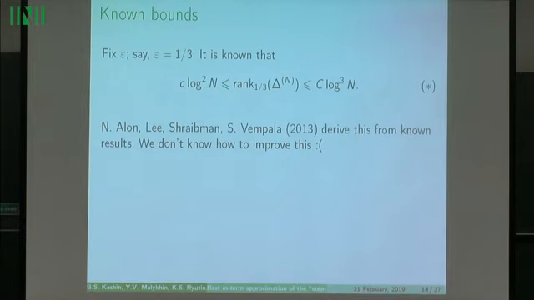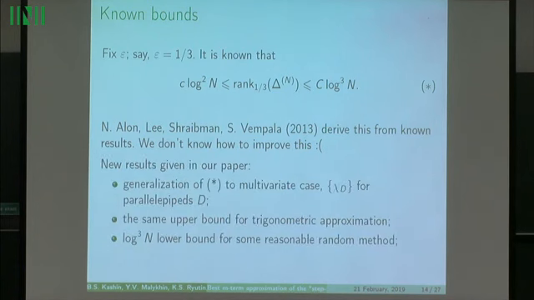We tried to improve this estimate, but somehow we didn't manage to do it yet. And later I'll talk about some generalization of this result to the multivariate case, and also I'll talk about some approaches to this kind of questions.